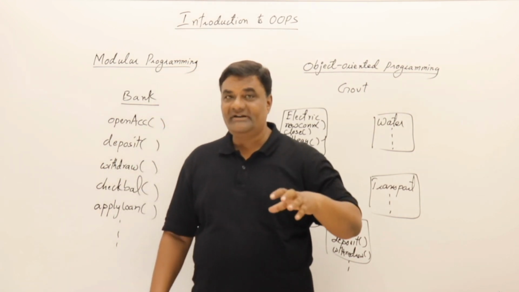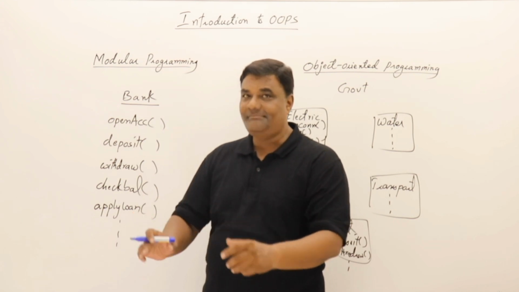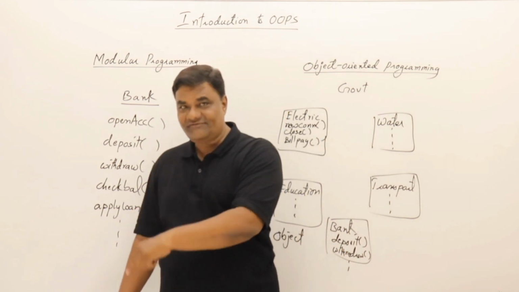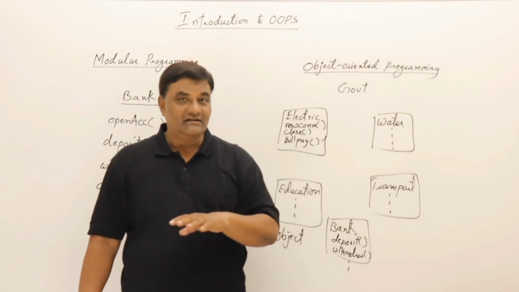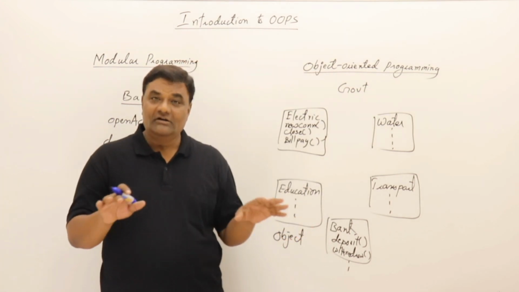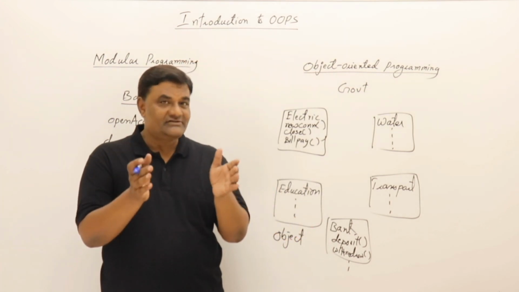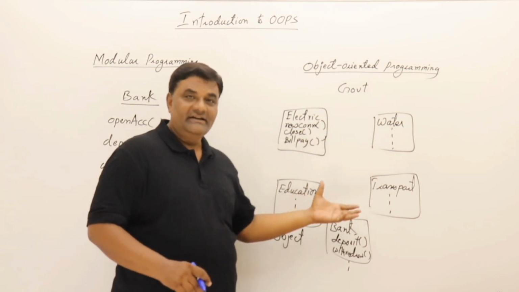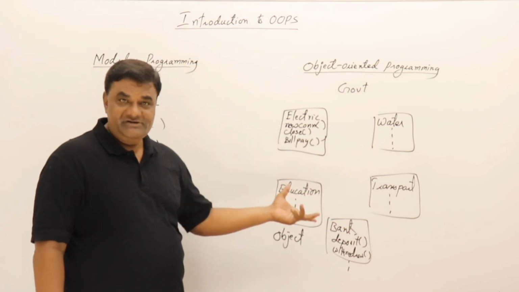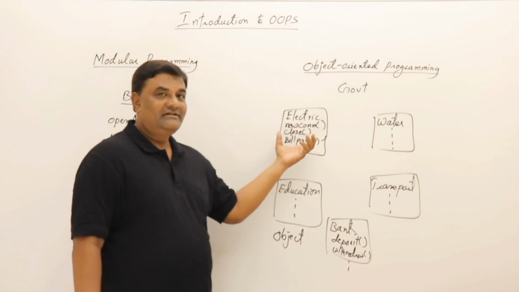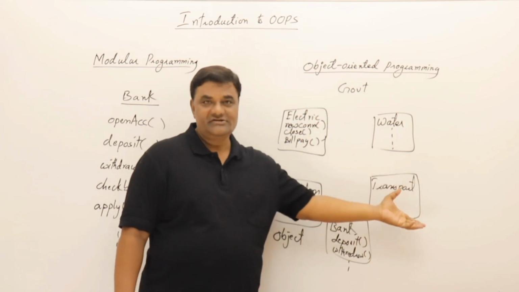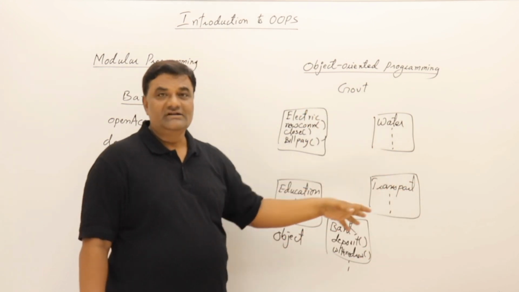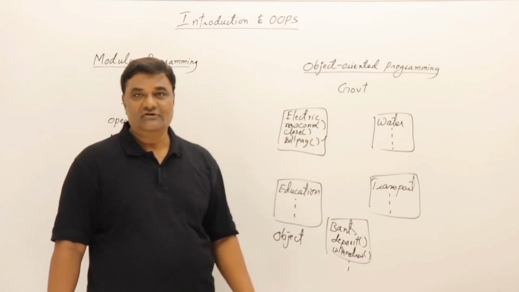So when the programmers were working on one particular department, they were looking at everything as functions. But now we are developing software at a large scale for a big organization as one complete software. Then you can see all the things as a set of objects. So electric-related functions are related to electric, and transport-related functions are related to transport, and those are objects, and this is a collection of objects.